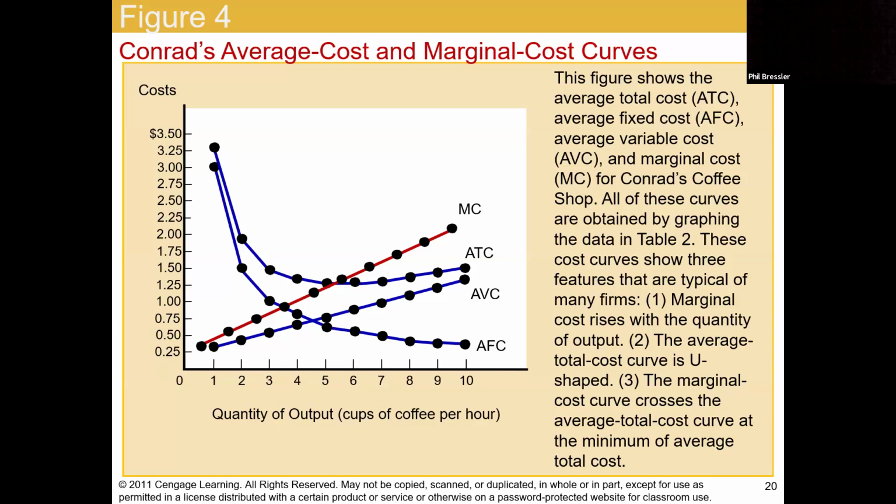They drew MC as a straight line this time. Where MC crosses ATC, that's productively efficient. Where MC crosses AVC, it doesn't cross AVC here, but it usually does, it's crossing AVC at its lowest cost.